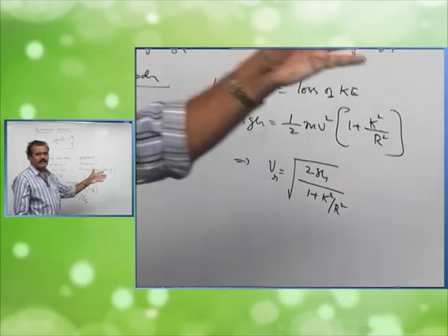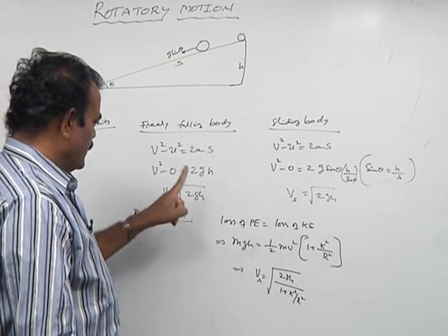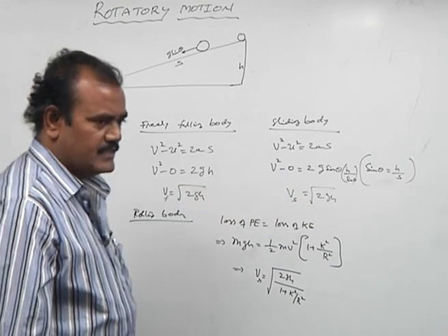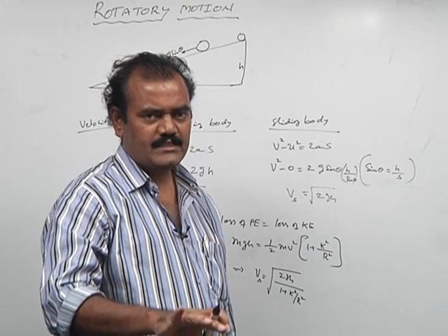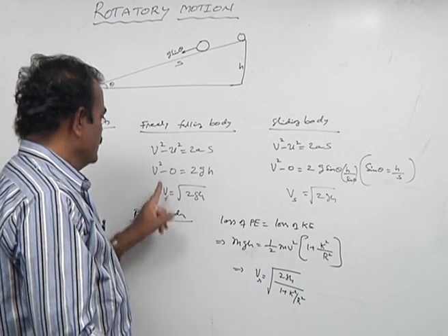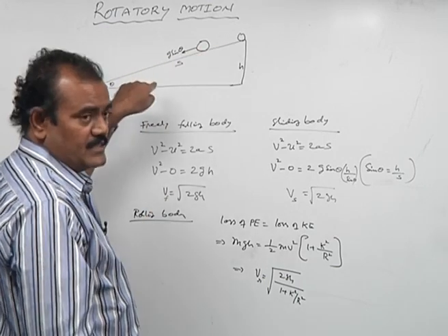Now we can compare all these velocities. Vf is root 2gh, and Vs is root 2gh. From that we understand that the velocity of a body falling freely from a certain height is equal to the velocity of the sliding body on a frictionless surface.